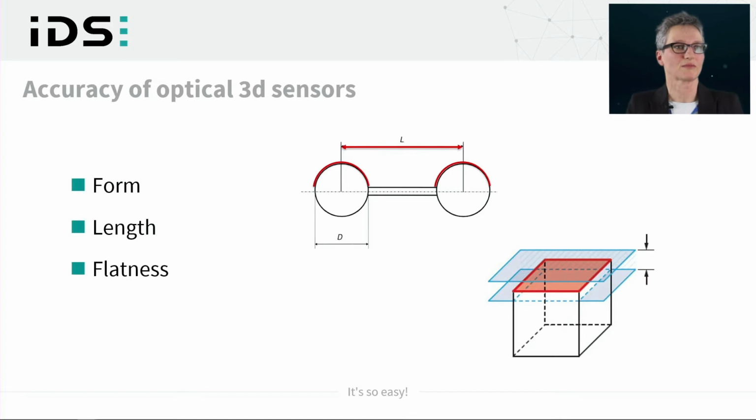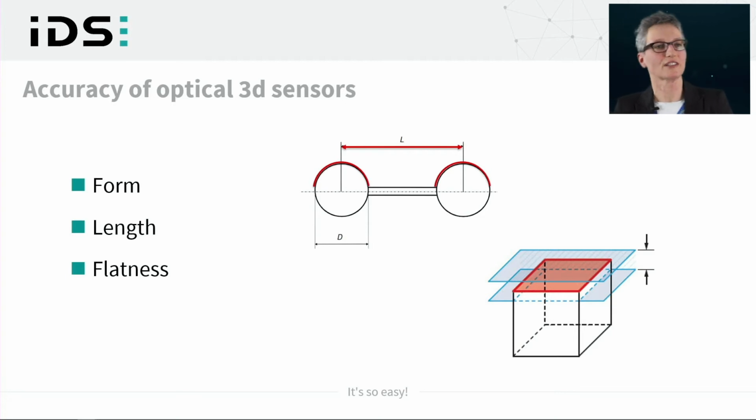To check the measuring system's accuracy for optical systems, an important question is how true is the form of my object represented in the points, and how accurate is a length measurement. And if I measure with my sensor on a flat plane, do all the points show the same coordinate in Z?